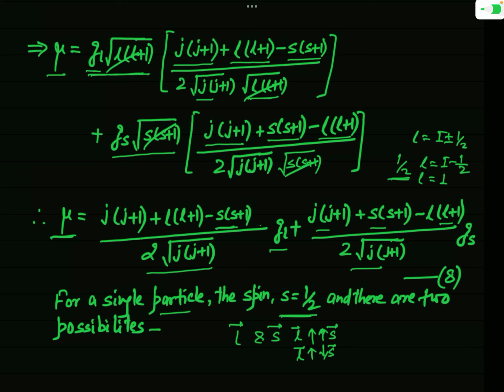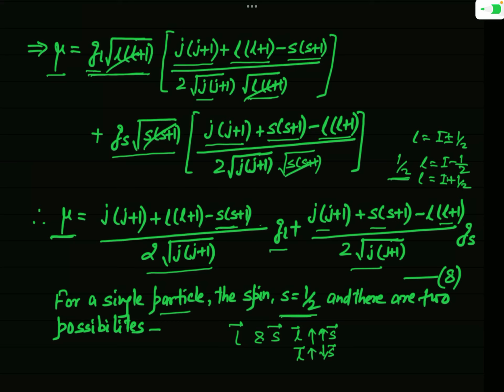And this L will be replaced by I plus 1/2 if we are considering the jackknife case. So after making these substitutions in this equation 8, you will get the value of mu in terms of I or in terms of J. L has been replaced in terms of I. S has a fixed value 1/2. So the final result for mu will be in terms of either J or I.